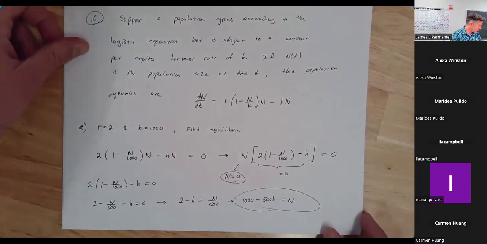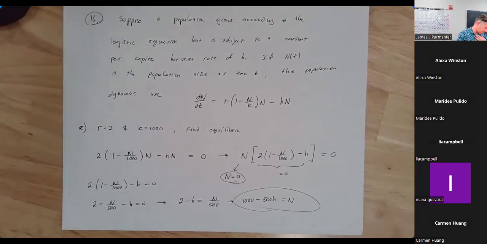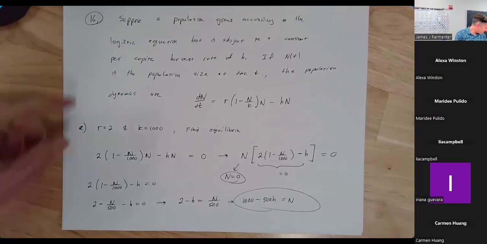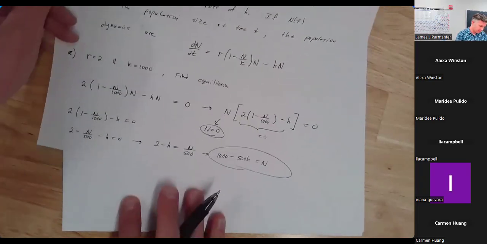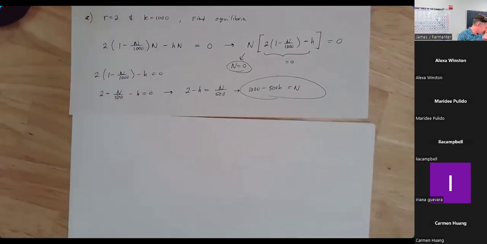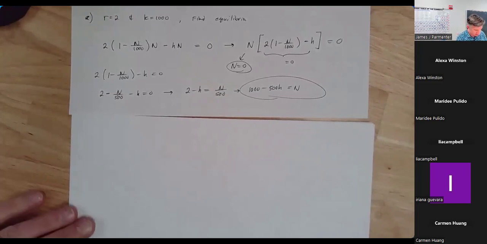Moving right along. Part B, sorry, it's terrible. For part B, the question says, for the non-zero equilibrium, what is the critical value of h greater than which the population will go extinct? Okay, interesting.